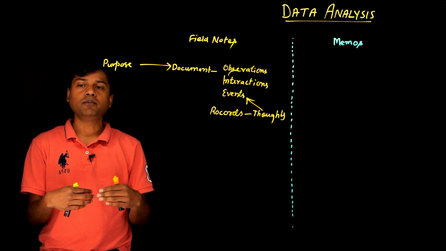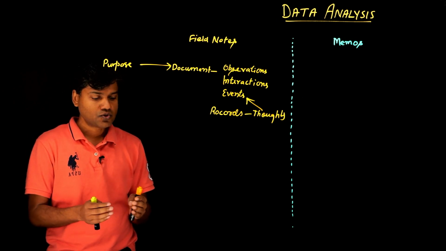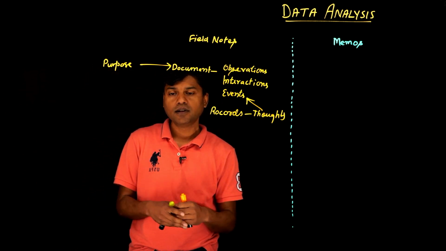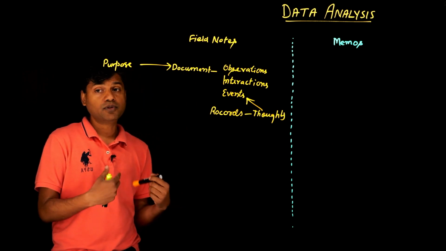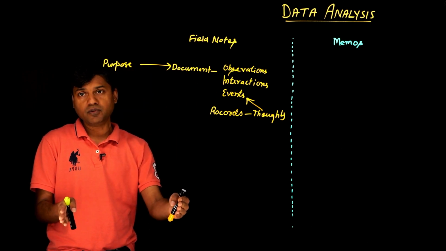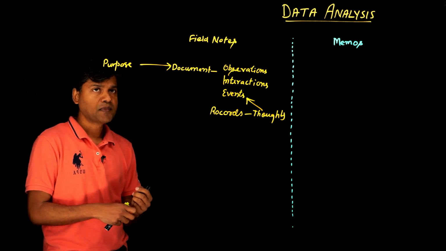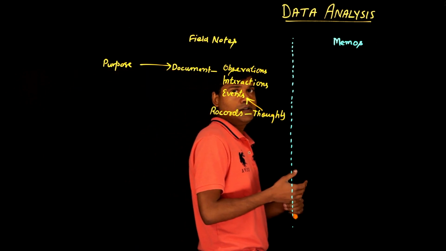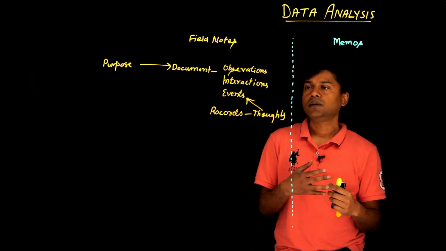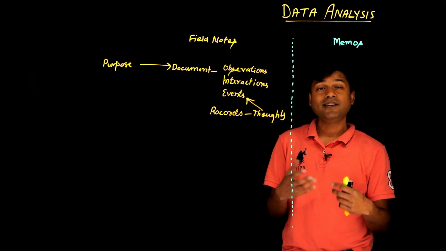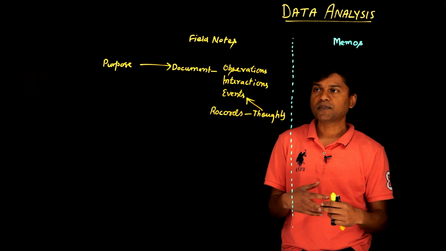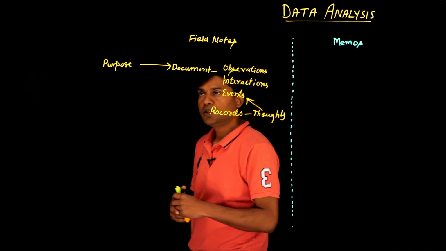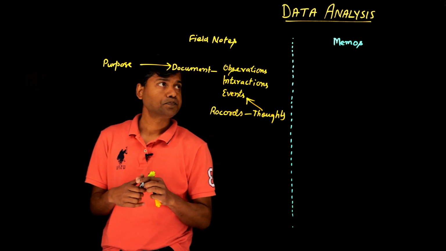If I'm doing participant observation, after my observation session is done, I write my observations about the session. So basically, the purpose of a field note is to document a researcher's observations, interactions, and events happening in the research setting, and record those thoughts.